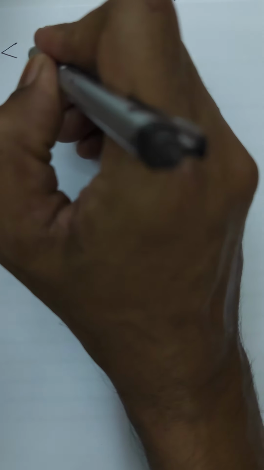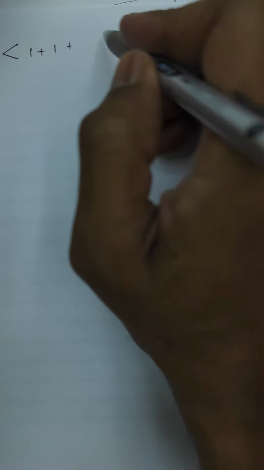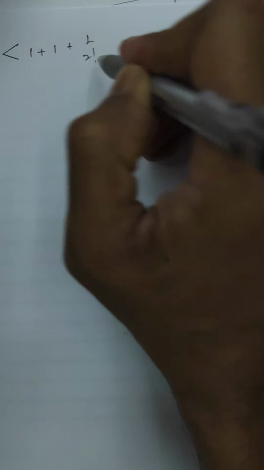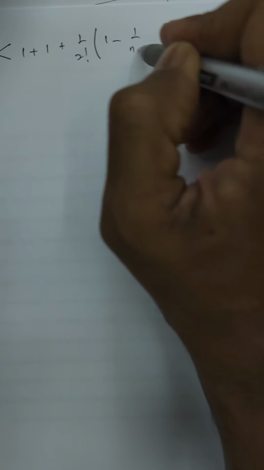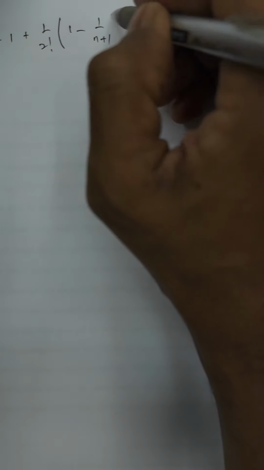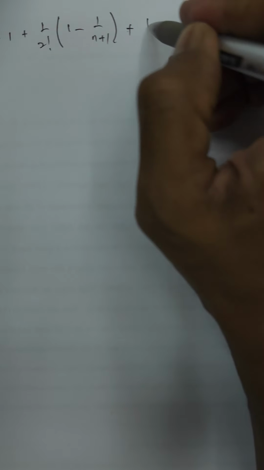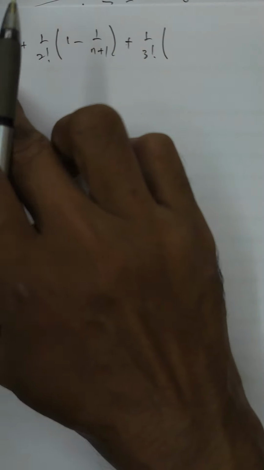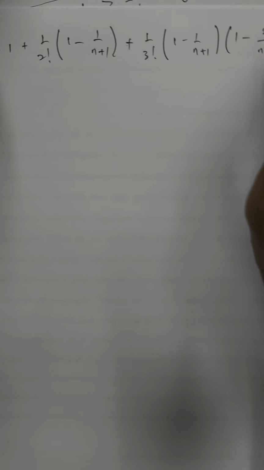So this is less than 1 plus 1 plus 1 over 2 factorial times 1 minus 1 over n plus 1, plus 1 over 3 factorial. For each n we change to n plus 1, so this still satisfies our inequality. So we have 1 minus 1 over n plus 1 and 1 minus 2 over n plus 1.